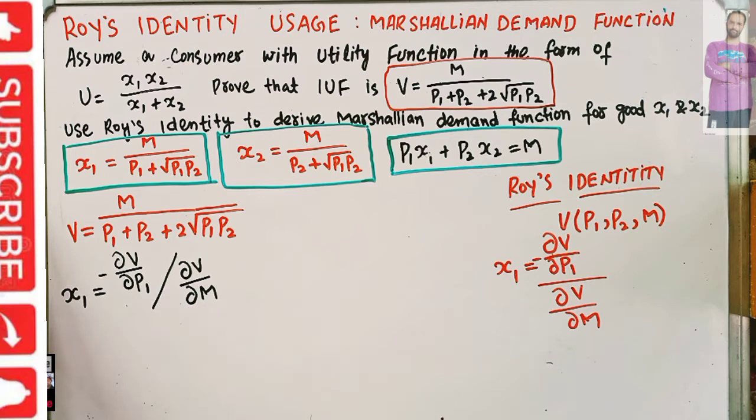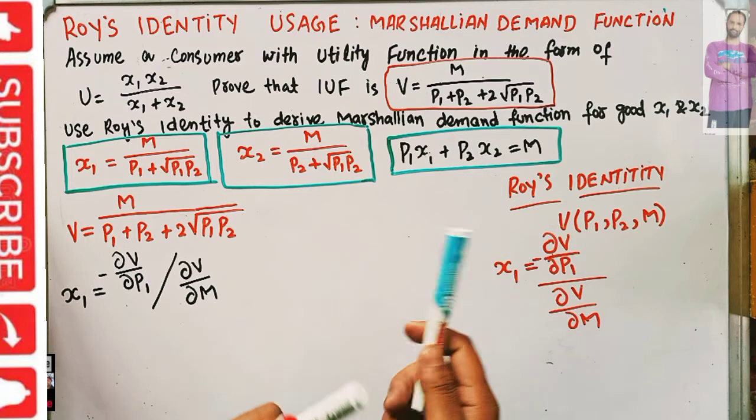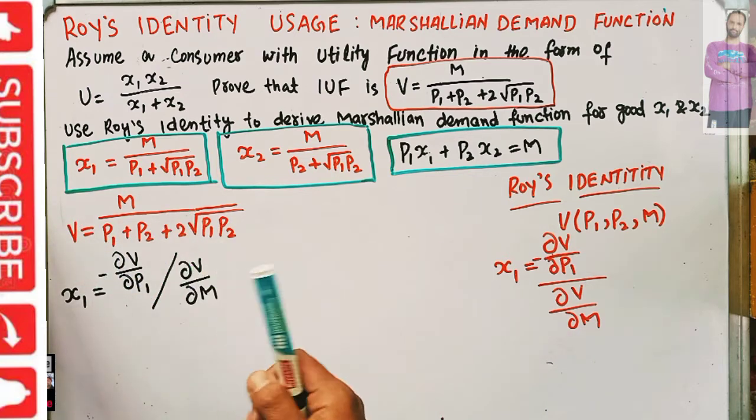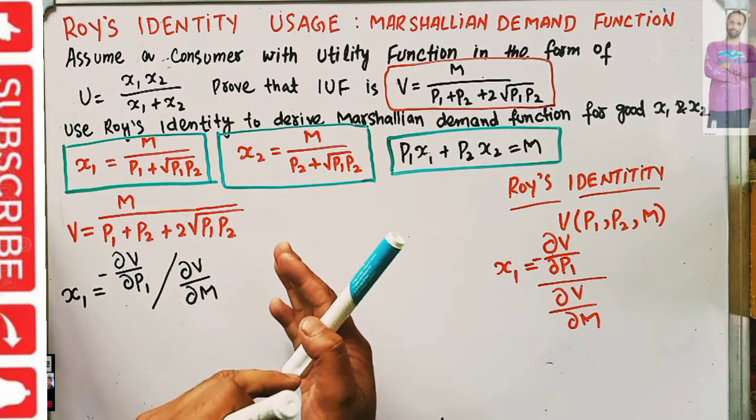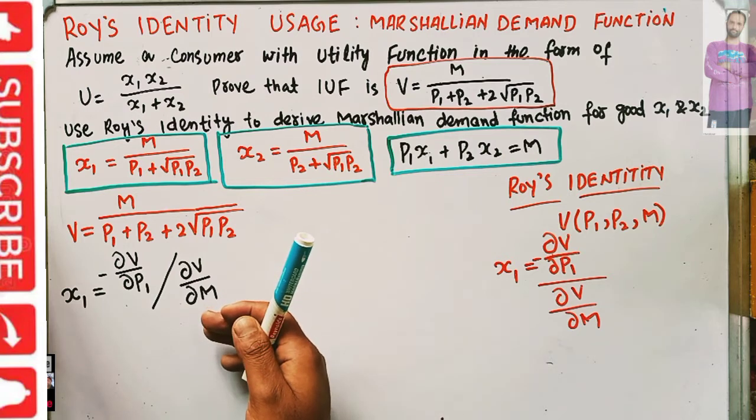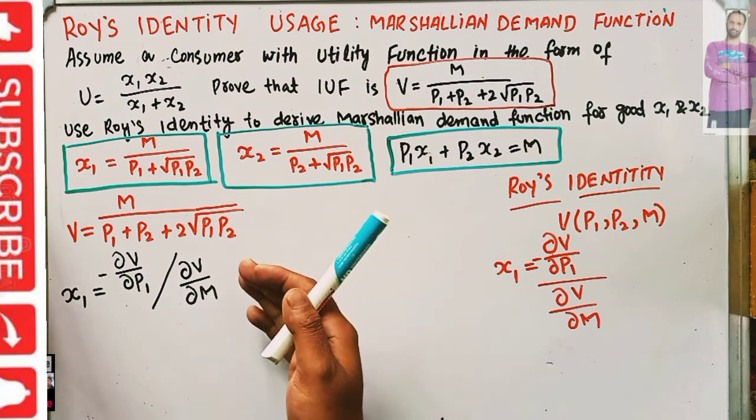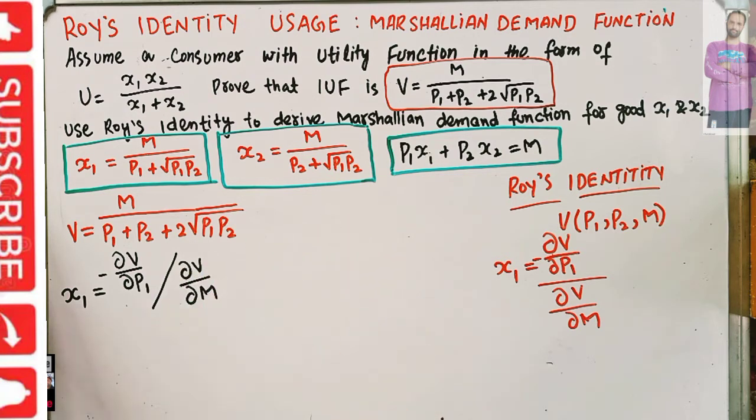This is our application of Roy's identity. It helps us extract the Marshallian demand function from the indirect utility function, and it actually saves a lot of time.